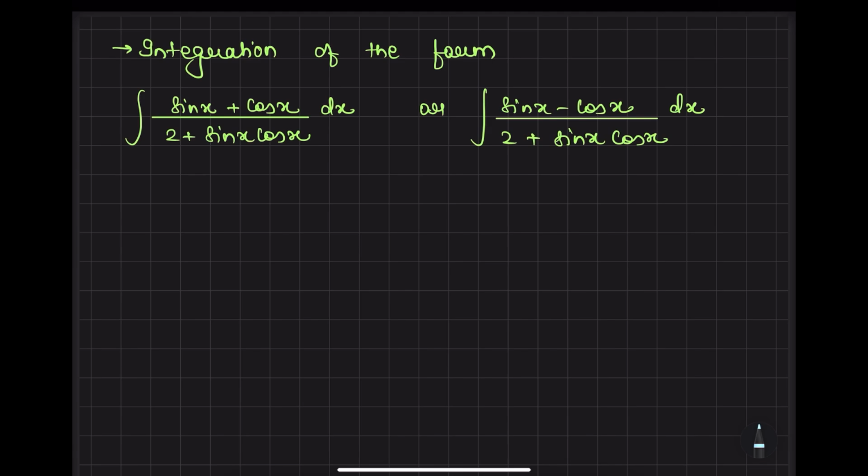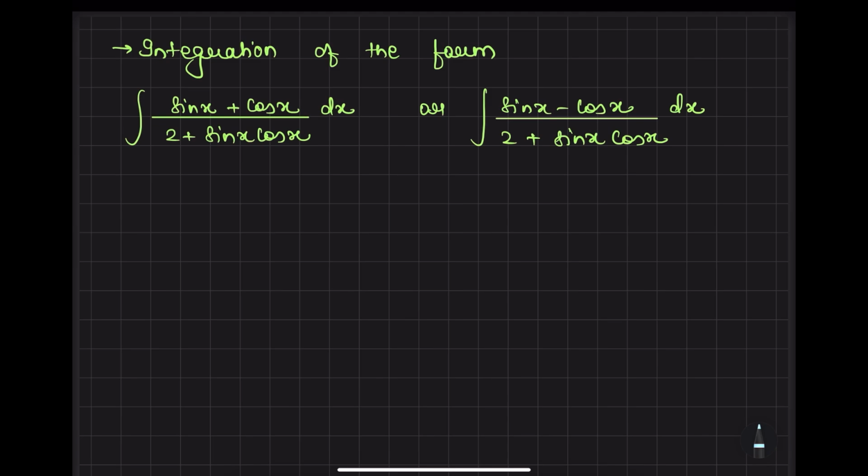And in the denominator you should have sin x and cos x together. The idea is you will have sine and cos together. In those cases you have to create sin x plus cos x or sin x minus cos x accordingly.